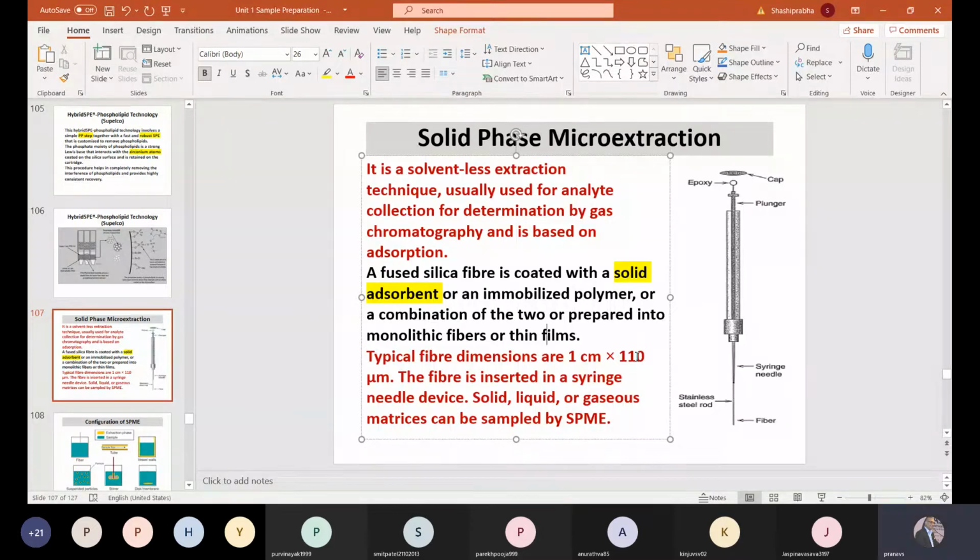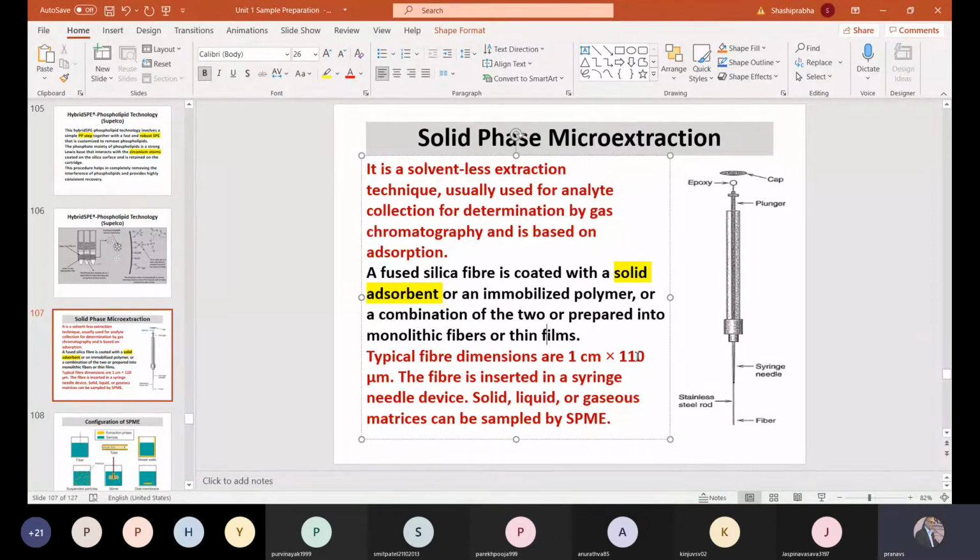It could be solid, liquid, or gas. This is a very important feature of SPME. Of course, for a solid, you might need to heat the sample to generate the vapor of your analyte.